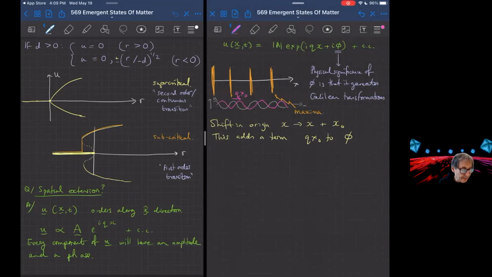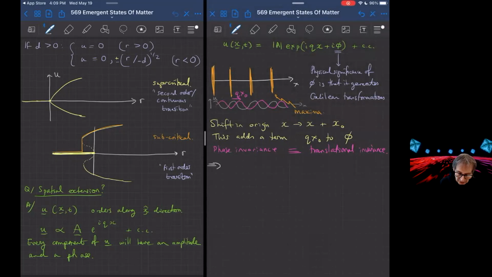So in other words, the phase invariance is the same thing here as translational invariance. And so if our original equation was translationally invariant, then our description of the system should be invariant under phase. So what does this mean?